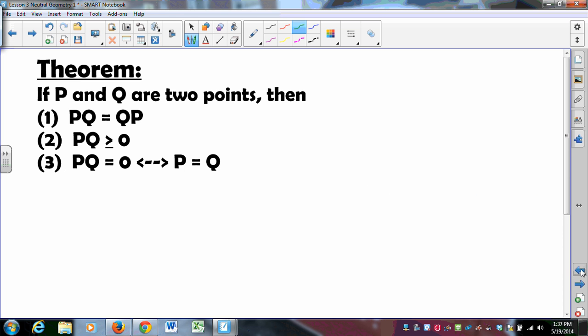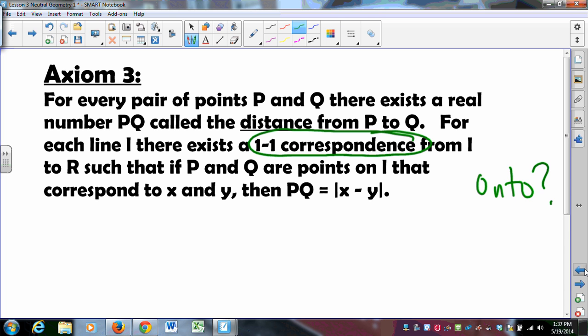This gives us a chance to talk about betweenness. We get to talk about betweenness at this point because we begin to think about any line as a number line. I mean, that's what this really is.